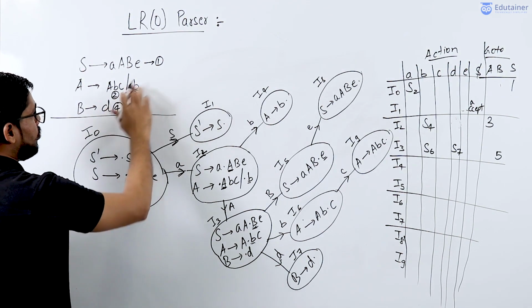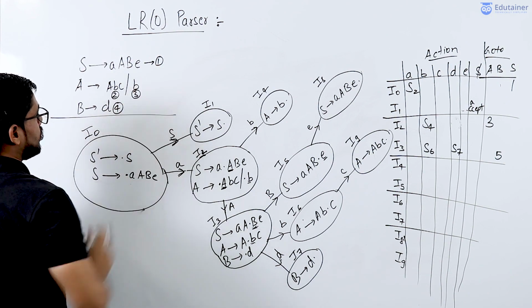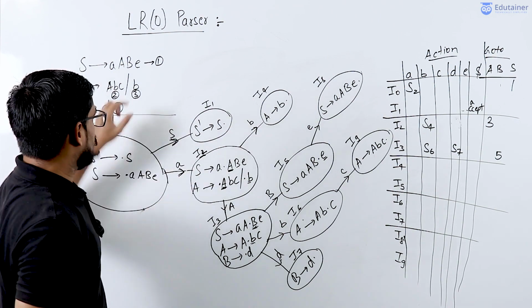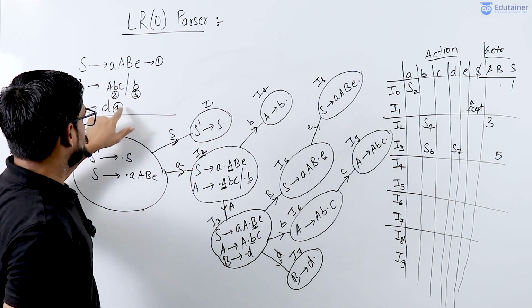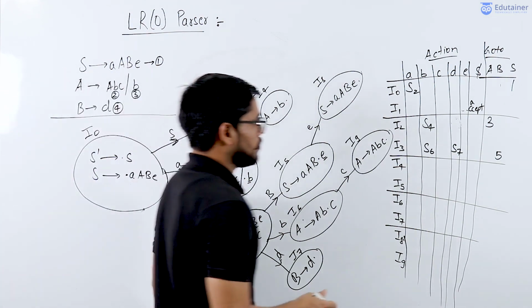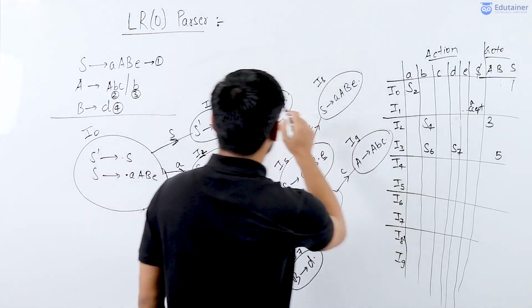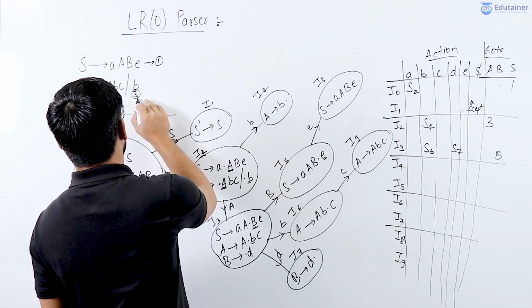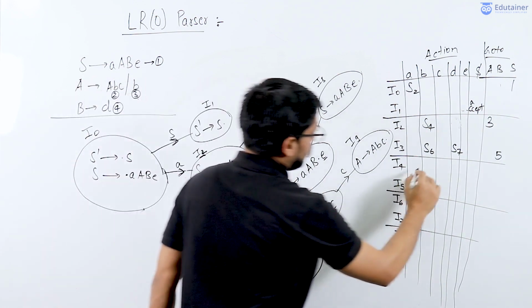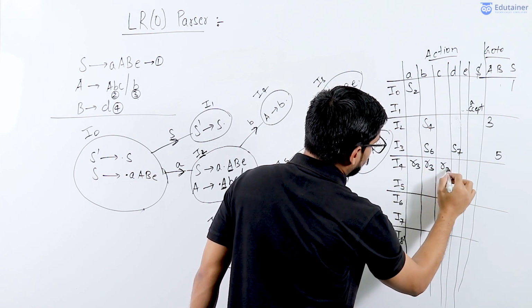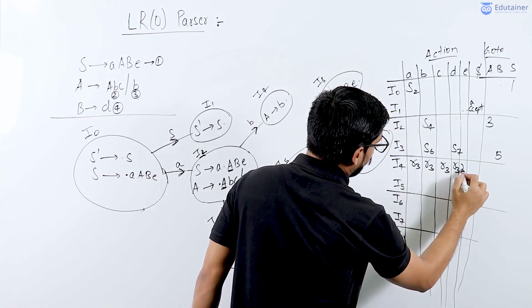For every production I have a number, and whenever we get a final item on any state, I will write the production number as a suffix with the R symbol. So on I4 it is a final item, and which production number? It is third production number. So I will write R3 in the entire row of action part.